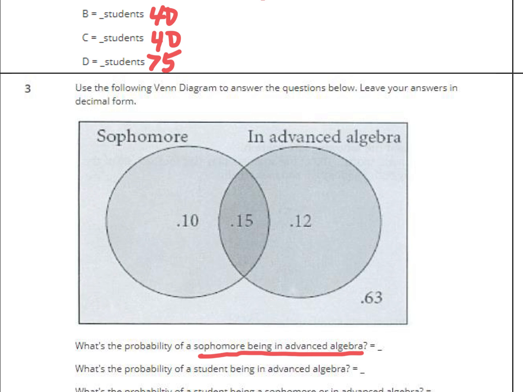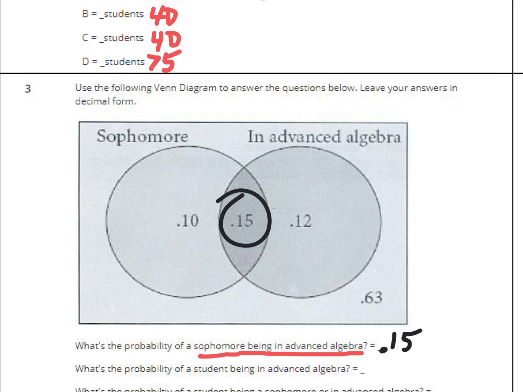If I'm only talking to sophomores, then I'd have to divide by what's possible. But if it's just sophomore being in advanced algebra, I think what they meant, since this is almost the first probability question of the homework, is just that. If it said given, then it would be different. So again, I think it's this, and if I'm wrong, I will go fix the answer key.